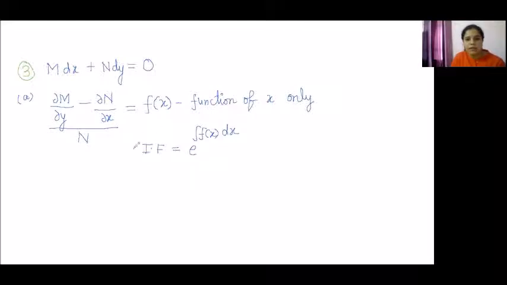We multiply the equation with the integrating factor on both sides, and after doing this, the equation will be exact.